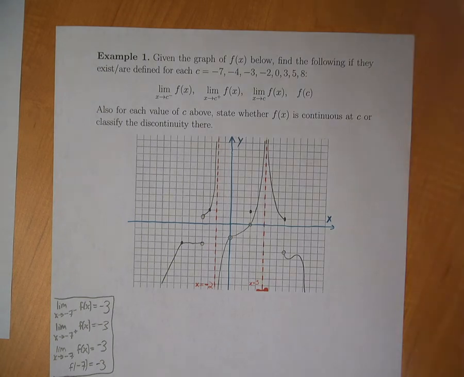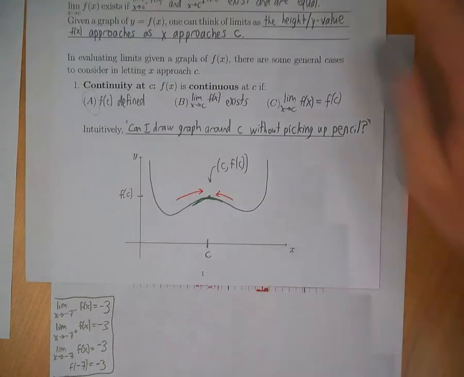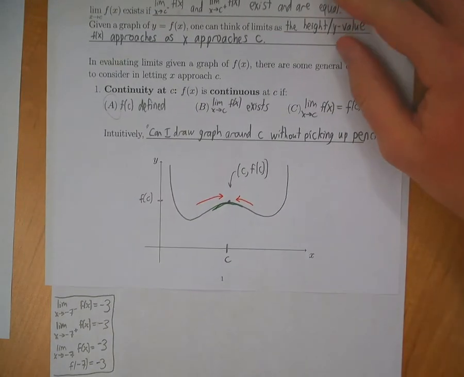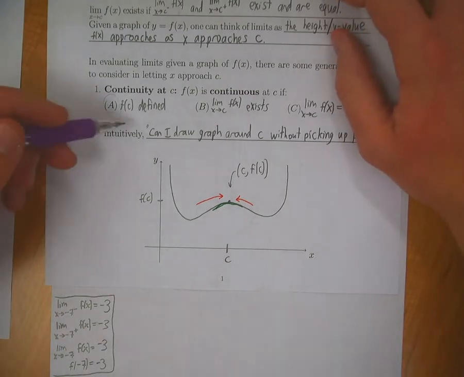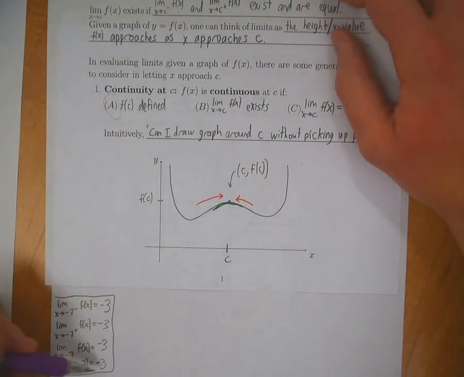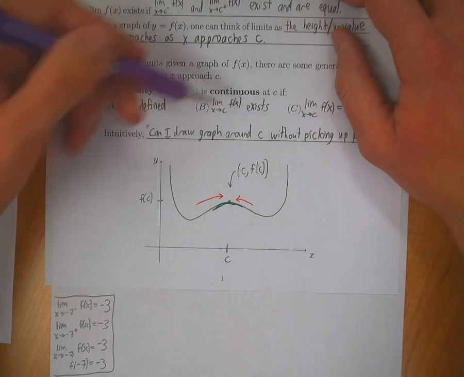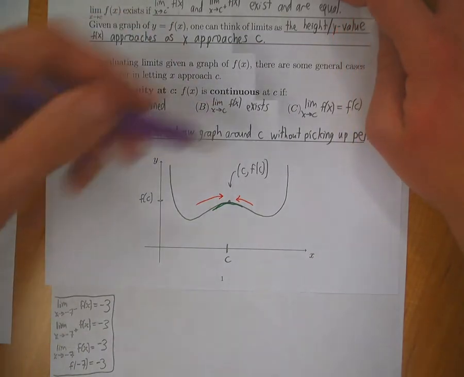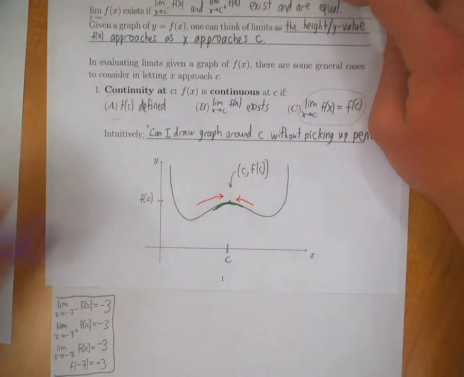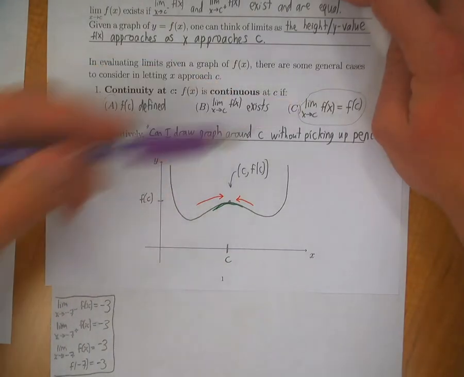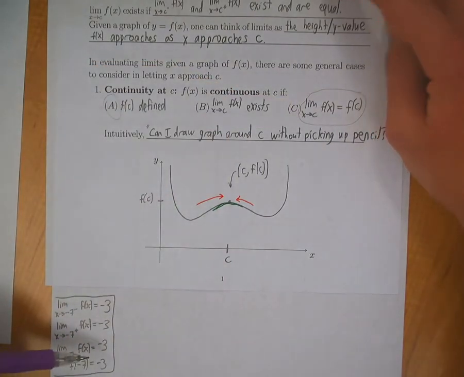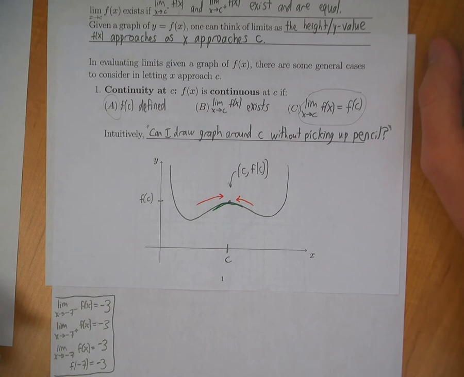if we harken back to our definition, well, let's take a look at the 3 criteria. So f of c is defined, check. The two-sided limit exists, check. And then the limit and the function value both agree with each other. So that's check there as well.